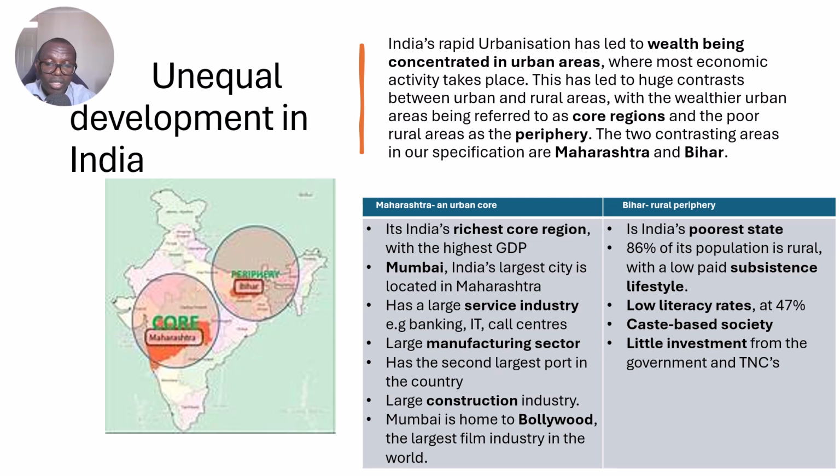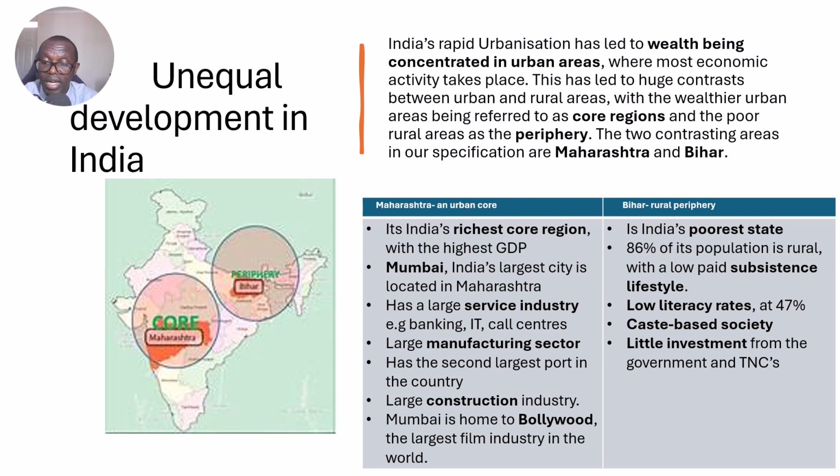Now, if we contrast that then to Bihar, which is the rural periphery, this here is India's poorest state. 86% of its population is rural, and those people who live in these rural areas normally have a subsistence lifestyle, which is where they grow enough food for themselves and their family.